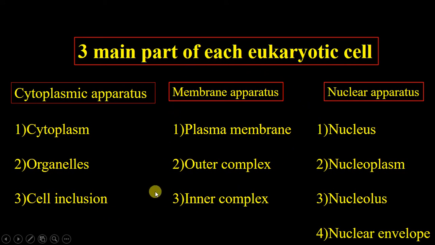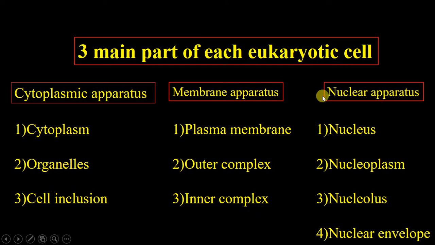The membrane apparatus includes the plasma membrane and all parts of the cell which are located outside it; this part is called the outer complex. The membrane apparatus also includes all parts of the cell which are located inside the plasma membrane, and this part is called the inner complex.